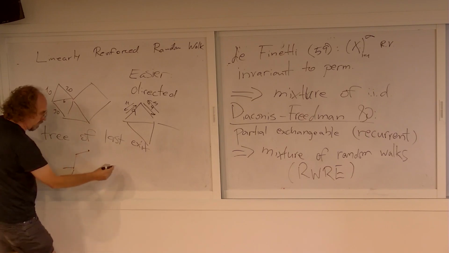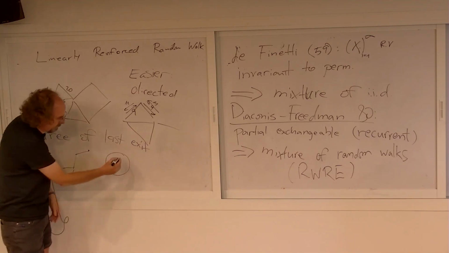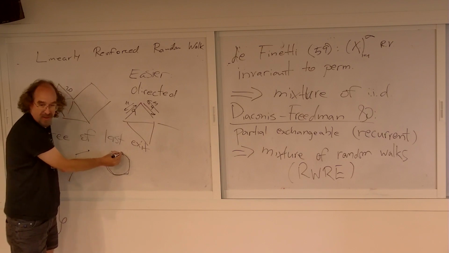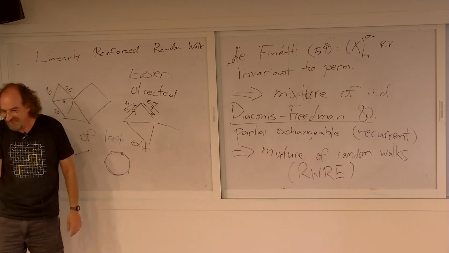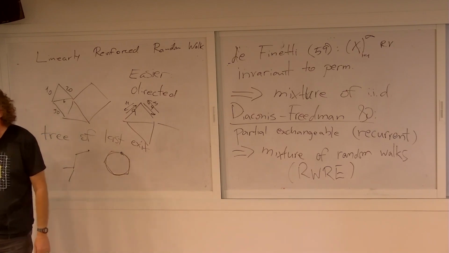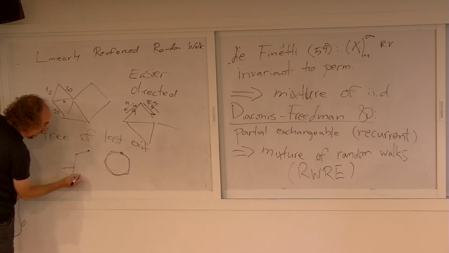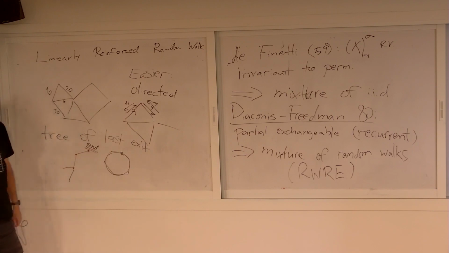You cannot have a cycle of last exit edges, because if you had a cycle of last exit edges, you eventually get to an edge which you are supposed to have already exited for the last time. So that cannot happen. This means that these last exit edges create a tree directed toward your end.